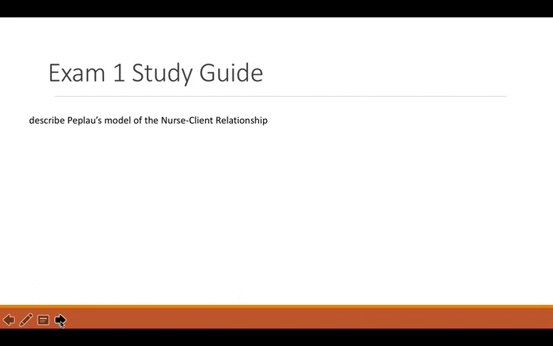For these last few slides, I did not add any other information because it is very well outlined in the module. For understanding Peplau's model of the nurse-client relationship, the 4 steps are highlighted in the module.